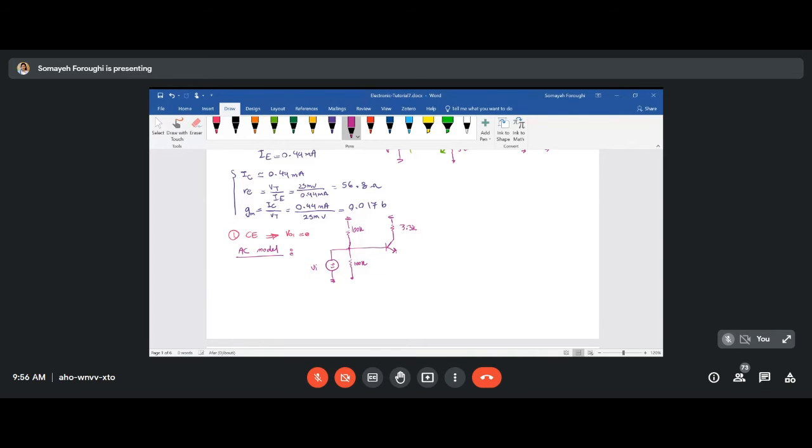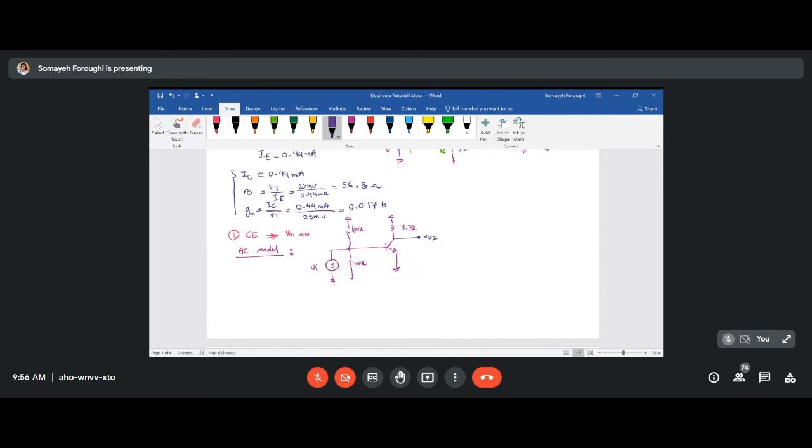Our emitter goes directly to the ground, and I will have here VO2. This is where you need to find the voltage gain: VO2 against VI will give you the voltage gain.